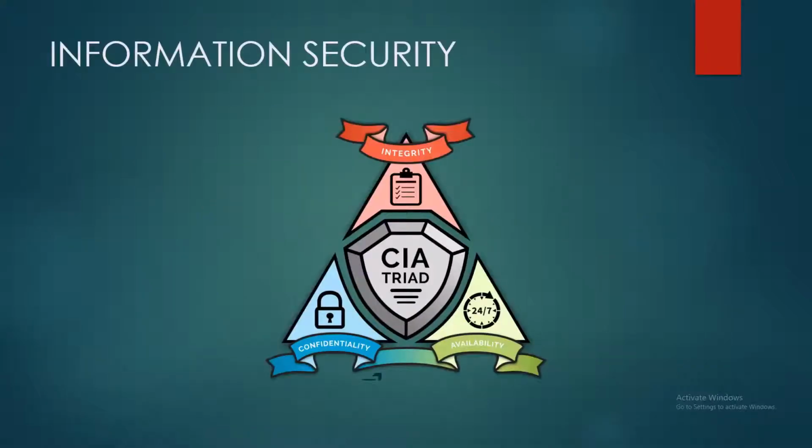Cybersecurity is a subset of information security. Information security is a very broad term, and it is primarily based on something called the CIA triad, which is the one you see here: confidentiality, I for integrity, A for availability.